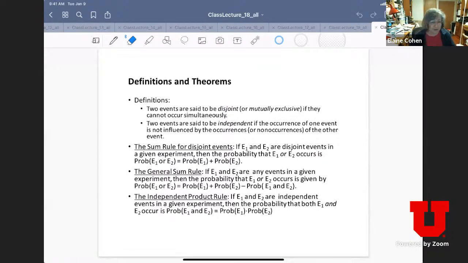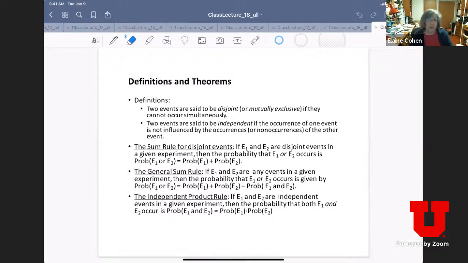To remind you of a few more things, two events are disjoint or mutually exclusive if they cannot occur simultaneously. They're said to be independent if the occurrence of one event does not influence or get influenced by the occurrence or non-occurrence of another event.